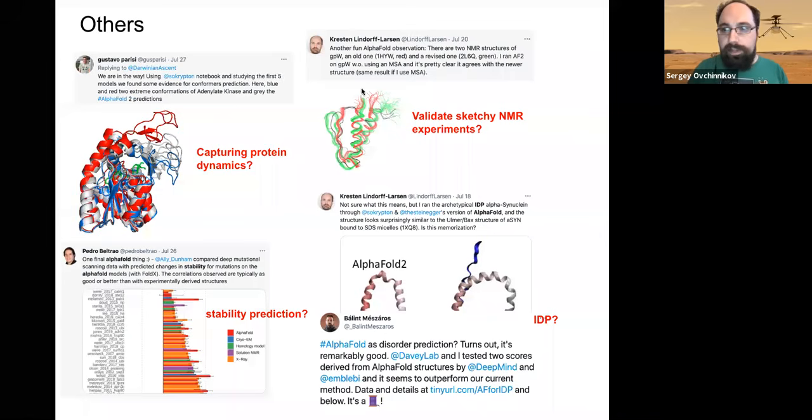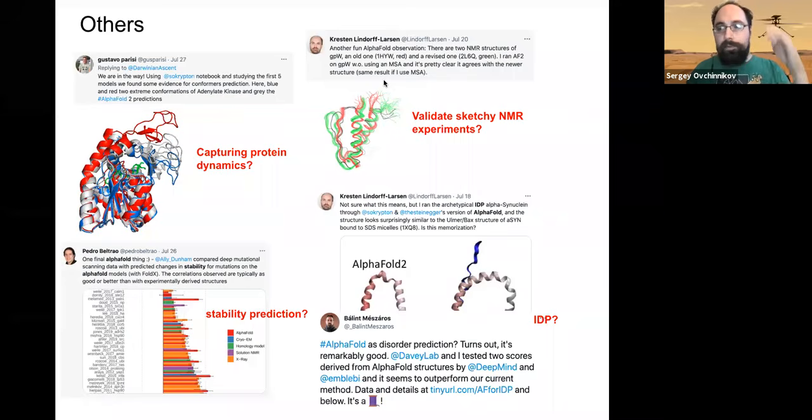I think Kristen was saying these models could validate which of the structures is the correct one. Sorry, not crystal, but NMR structure. And also potentially use these models for stability prediction, and even some of the metrics coming out of these models, in terms of how confident the model is about different parts, have been used to potentially predict disordered regions in the proteins.